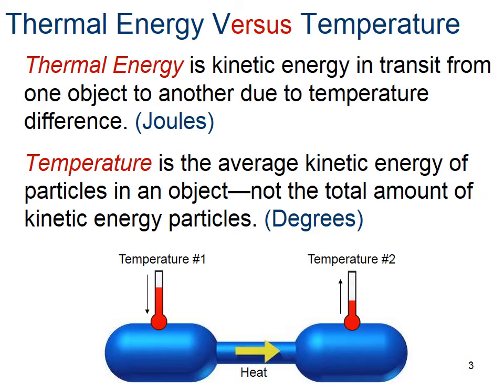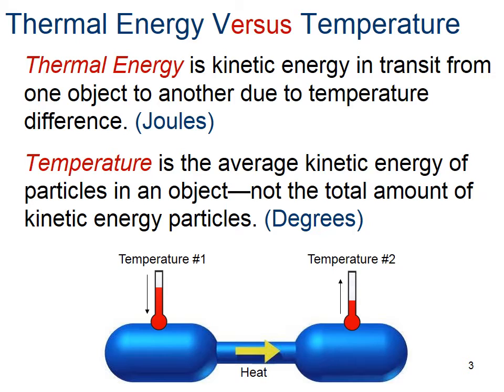Hopefully this slide, thermal energy versus temperature, is some review, but it bears repeating. Thermal energy and temperature are 2 different things. Thermal energy, which we commonly call heat, is really just kinetic energy. It's not something that you can look at a glass, for example, and say it has so much heat.